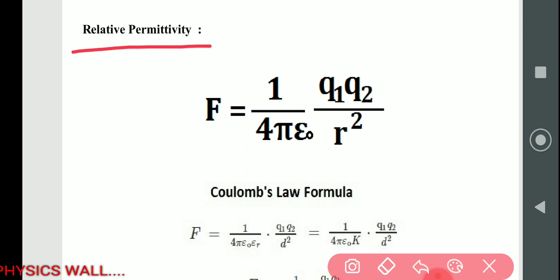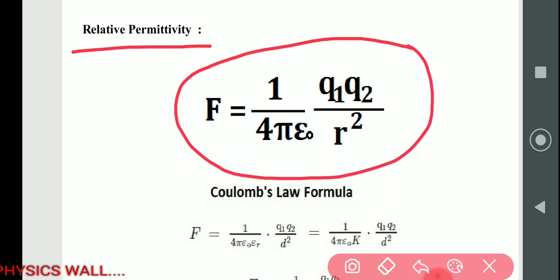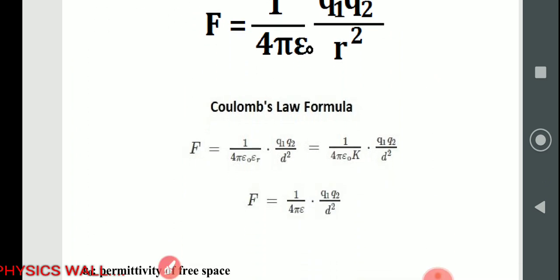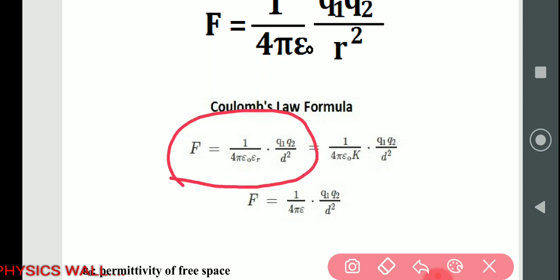According to Coulomb's law, in air or vacuum, we can write F is equal to 1 by 4 pi epsilon naught Q1 Q2 by R square. Or in a medium, we can write 1 by 4 pi epsilon naught into epsilon R Q1 Q2 by R square. Or in place of epsilon R, we can write capital K.